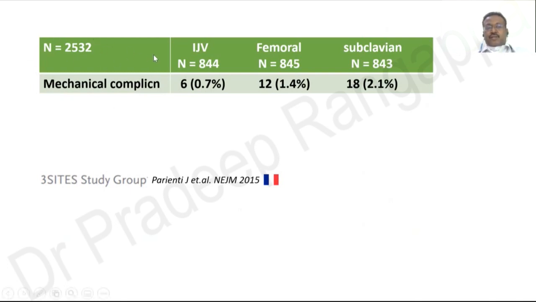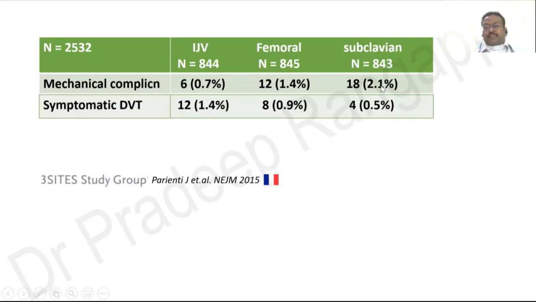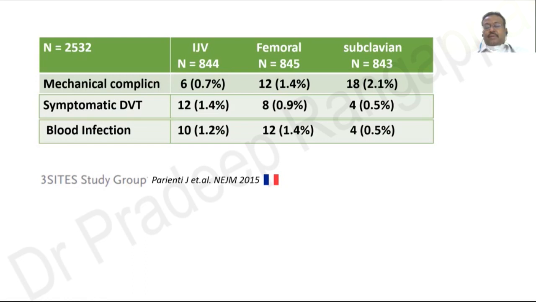As you see, they had 2,532 patients equally distributed between internal jugular vein, femoral vein, and subclavian vein. If you look at the mechanical complications, it appeared highest in the subclavian vein. But when you look at the symptomatic DVT, it was least in the subclavian vein, followed by femoral and internal jugular. So the risk of thrombosis was a little higher in the jugular vein.